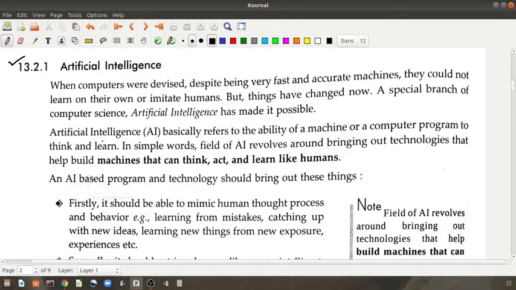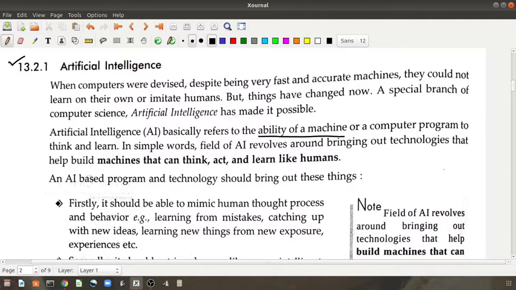Now, what is artificial intelligence? Artificial intelligence is the ability of a machine or a computer program to think and learn. Human beings are born with intelligence of our own, and a machine is a non-living thing which does not have a brain, but it is very accurate and it has memory power which surpasses that of human beings.